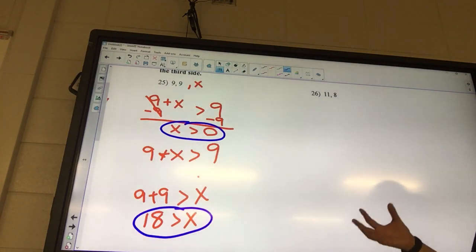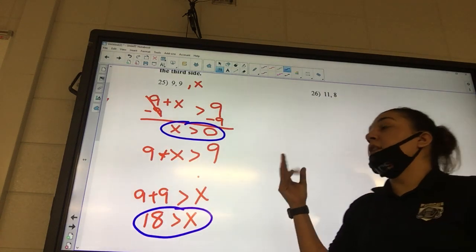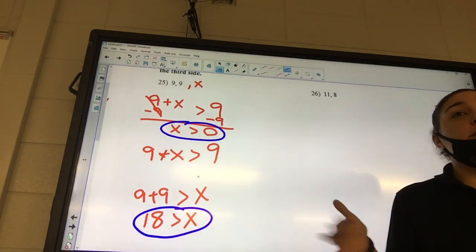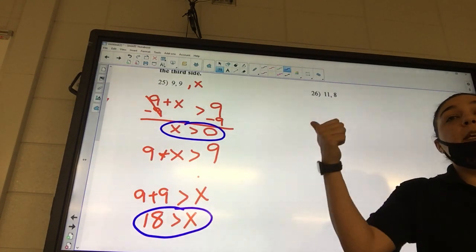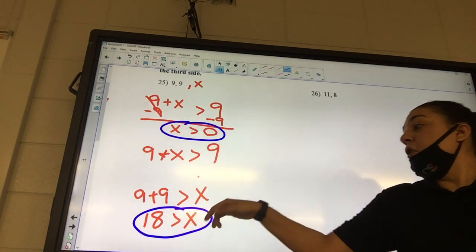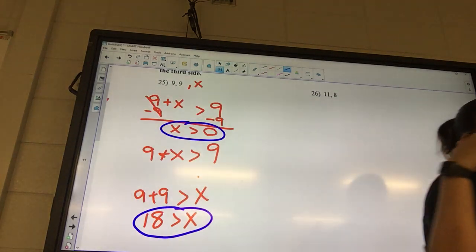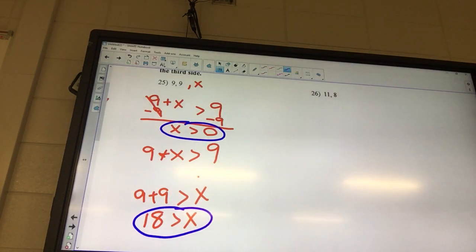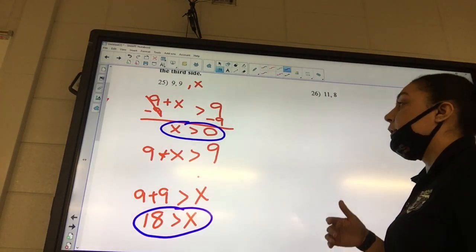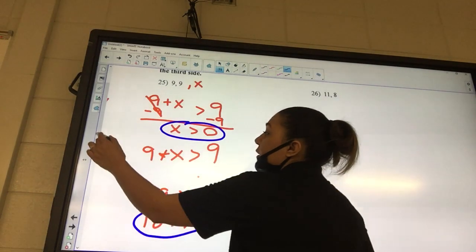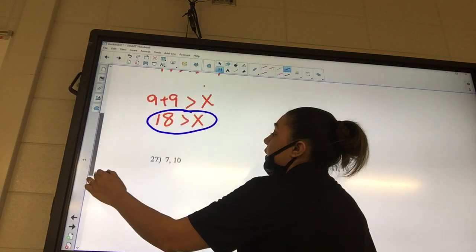And what this says, if I had to say it in verbal words, is the triangle's third side could be 1, 2, 3, 4, 5, all the way to 17, but it can't be 18 and it can't be 0. Okay, so that's what that's saying, that third side ranges somewhere in between there. So as long as it's not negative, you can circle it.